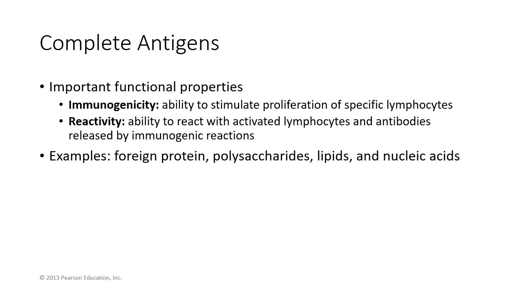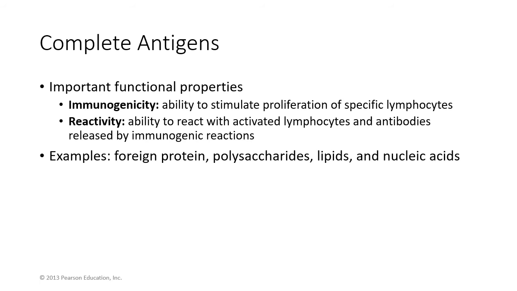A complete antigen has 2 important properties. Immunogenicity: it has to have the ability to stimulate the proliferation, or making a clone, of specific lymphocytes. And it has to be reactive. That antigen has to have the ability to react with the activated lymphocytes and the antibodies released by the immunogenic reaction.